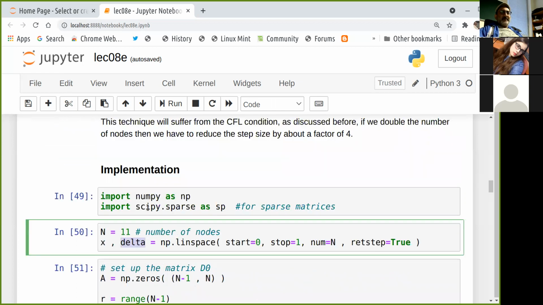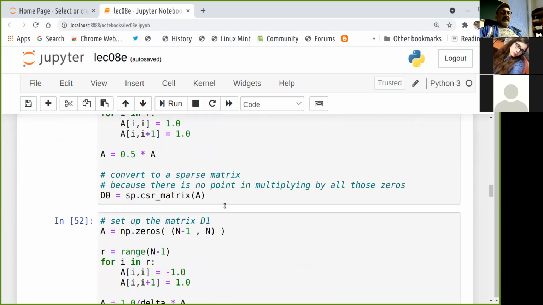So I imported the sparse matrices as SP. So if I do SP, D0 I'm going to set equal to a sparse matrix, and the storage format is CSR. There are different storage formats. This seems to be fairly common, so I'm using CSR. So store this as a sparse matrix using CSR storage, which matrix, take A, which was the dense matrix, and now store it as a sparse matrix D0. Is that okay?